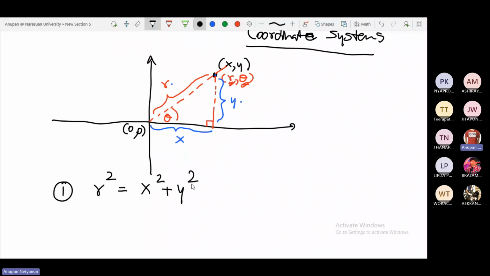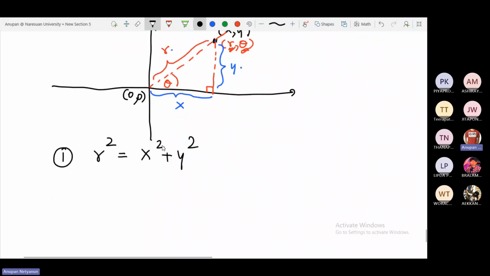And let me just talk about the result of this, which is solve for r. You have r equals plus or minus square root of x squared plus y squared. Okay, you can see the relationship between r and x, y, which is this in polar, right? This is in rectangular coordinate system. Okay.